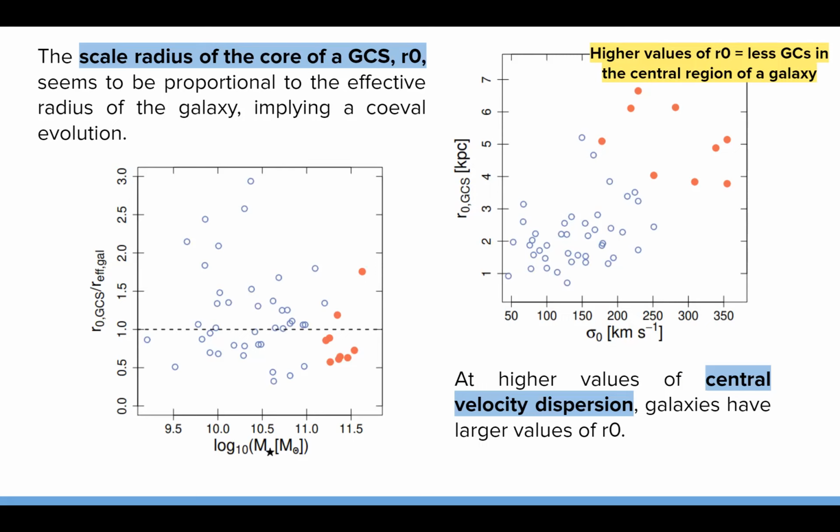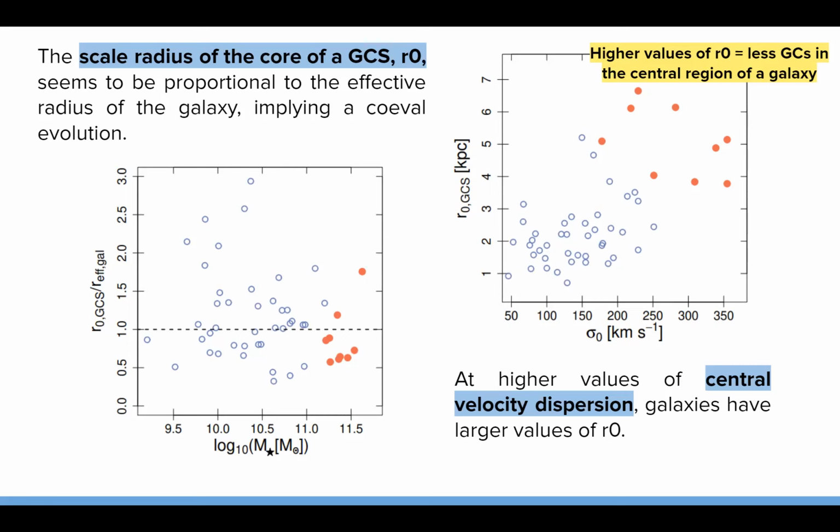So for the first plot, what we have on the y-axis is the scale radius of the core of the GCS. So how many clusters we have in the central region, in very simple words, in proportion to the radius of the galaxy. And we have that against the stellar mass.